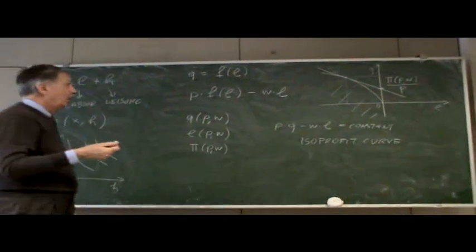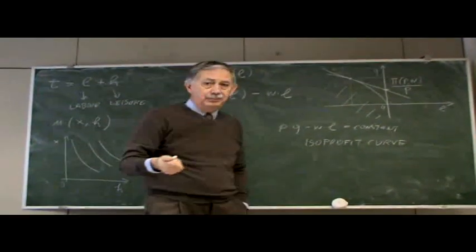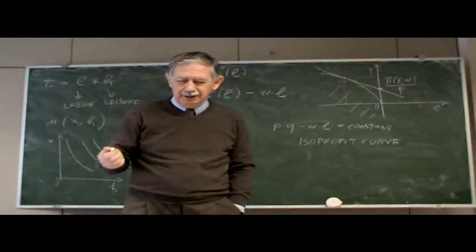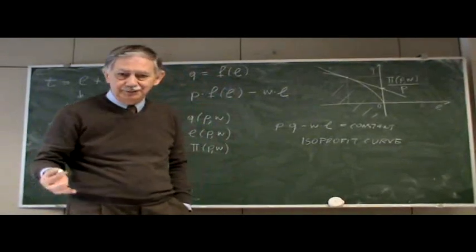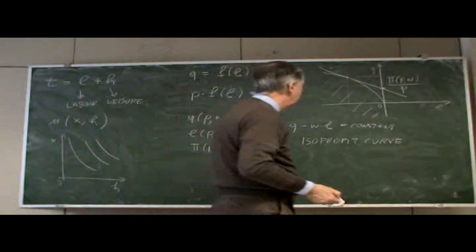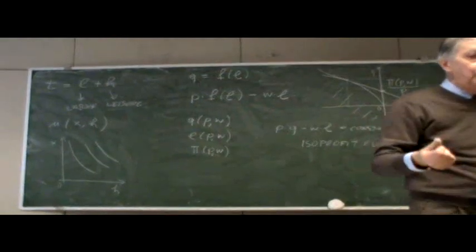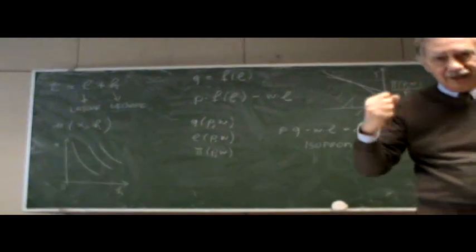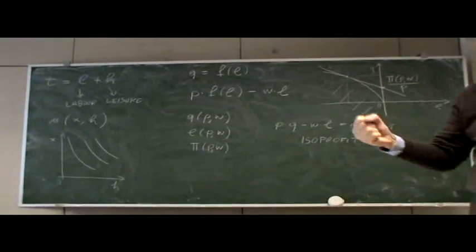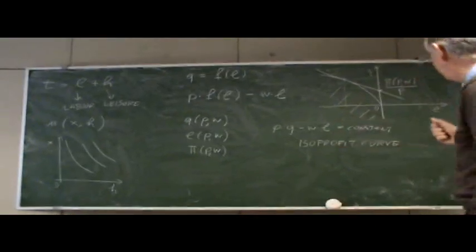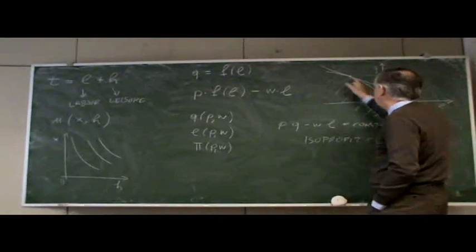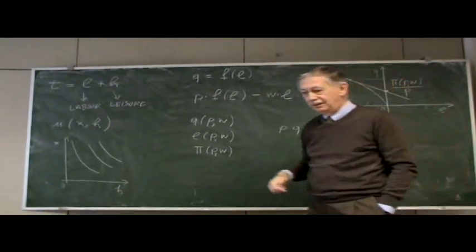It is the quantity of Q which can be bought by means of the profit of the firm. Is it clear? This is the usual representation of the optimal choice of a firm in the context of a production set representation.